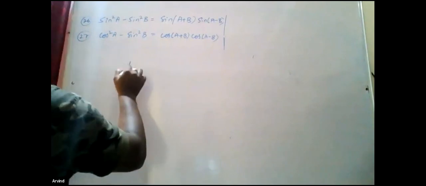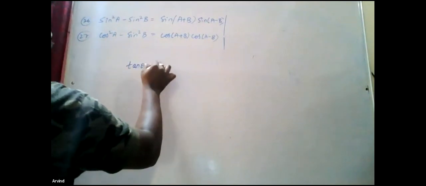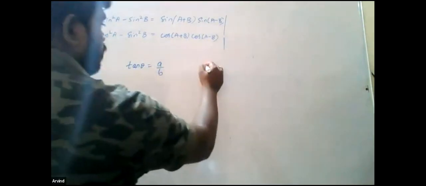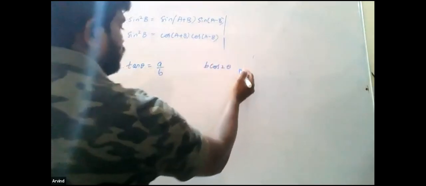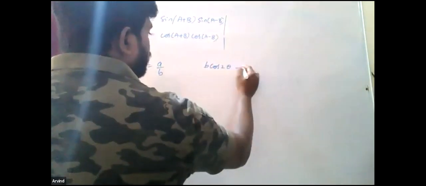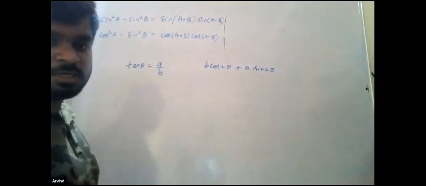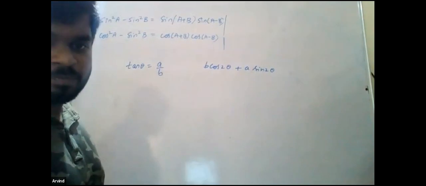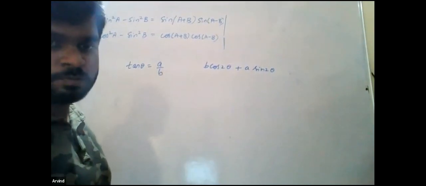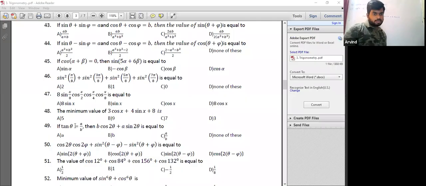The given is tan theta is equal to a by b. Then what is b cos 2 theta plus a sin 2 theta? Let me clarify the question once again. The tan theta is equal to a by b, b cos 2 theta plus a sin 2 theta.